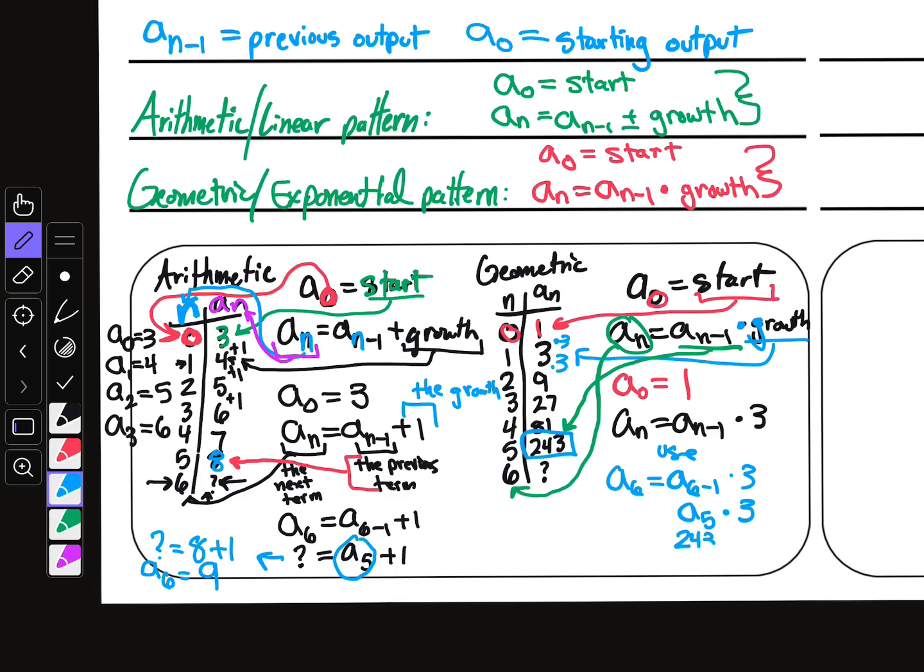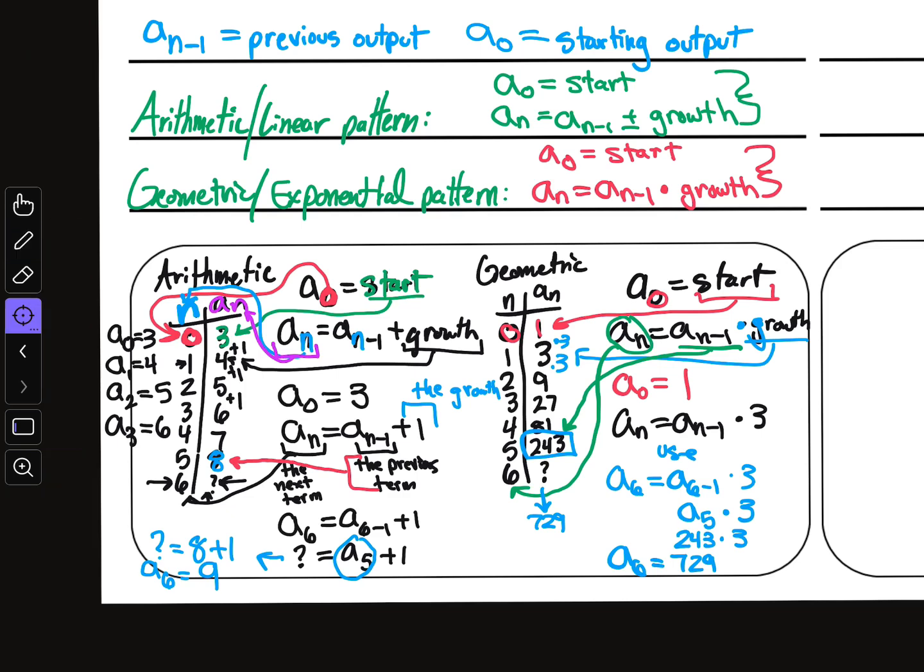Yeah, it's 243. Times that by 3, and we get 729. So a sub 6 equals 729. Okay, again, if we're doing a table it is definitely easier to do. So we're not going to require you to mess with this kind of stuff on equations, okay? We're just going to actually be writing the equation based on a table or a graph or something.